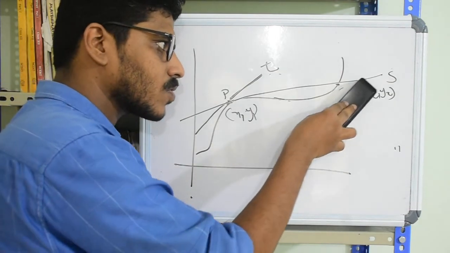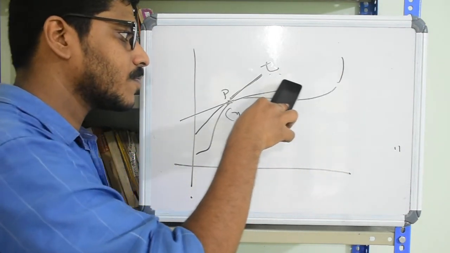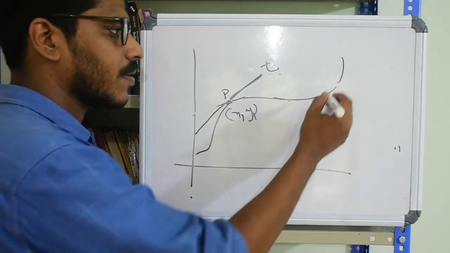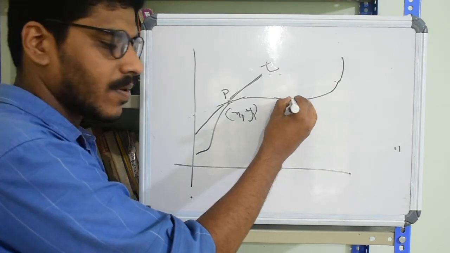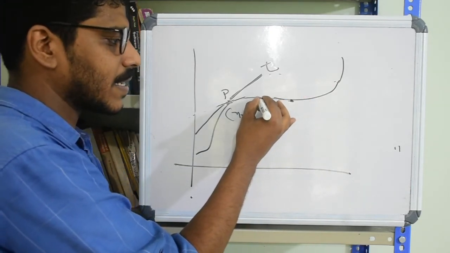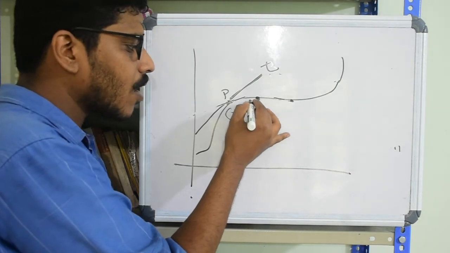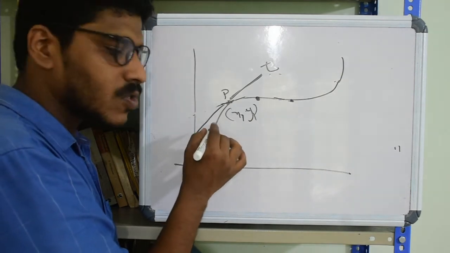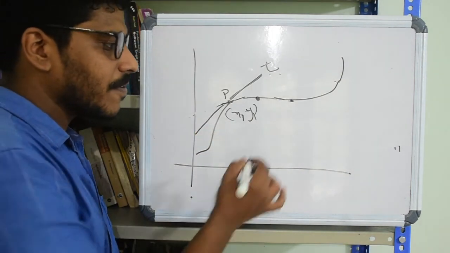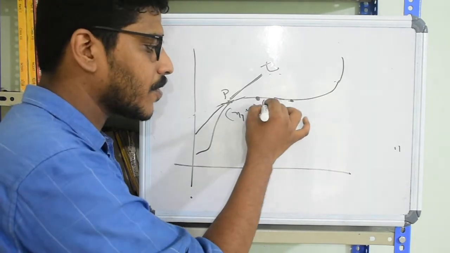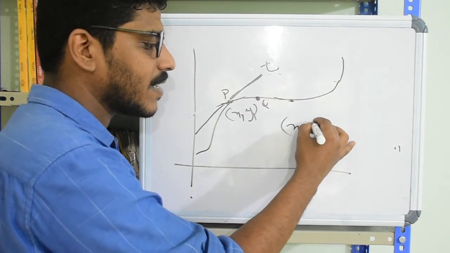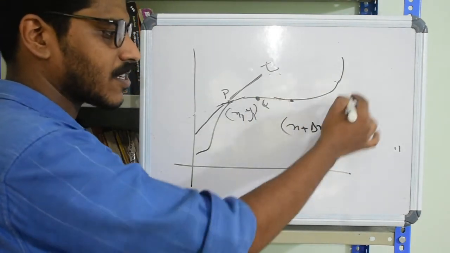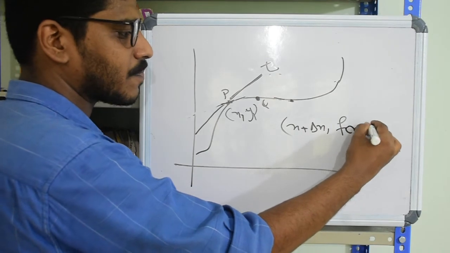So Q will be shifting from here to the very next point here, and this will come arbitrarily close to P. For that case we choose the coordinates of the new point Q as x plus delta x, and say this is the graph of the function, so the other point is f of x plus delta x.